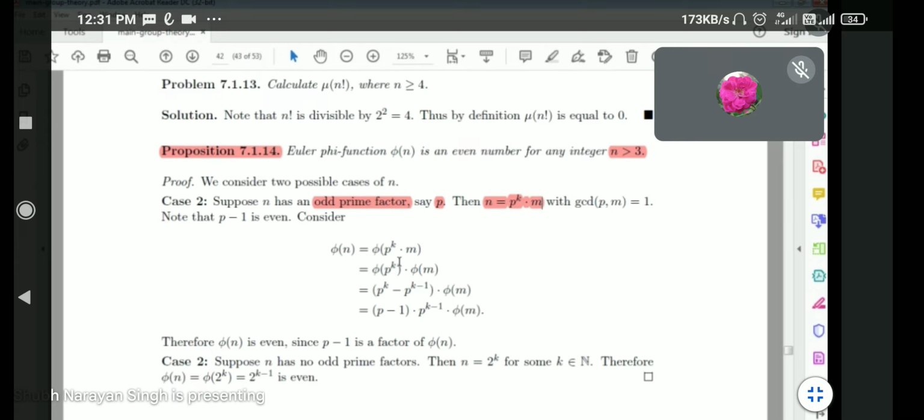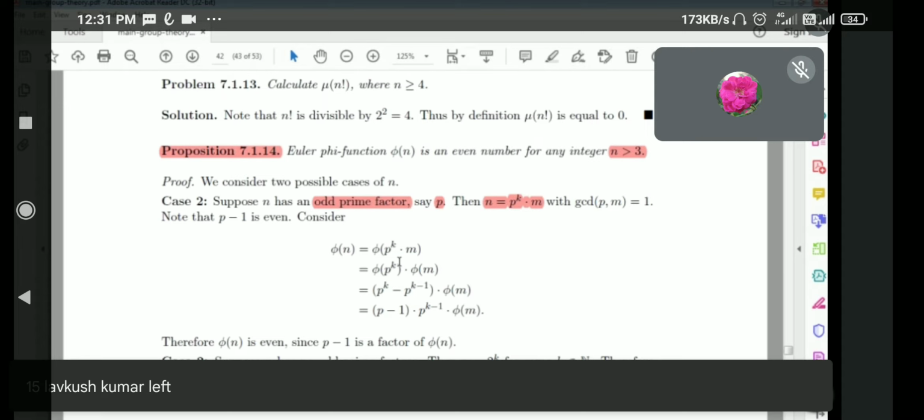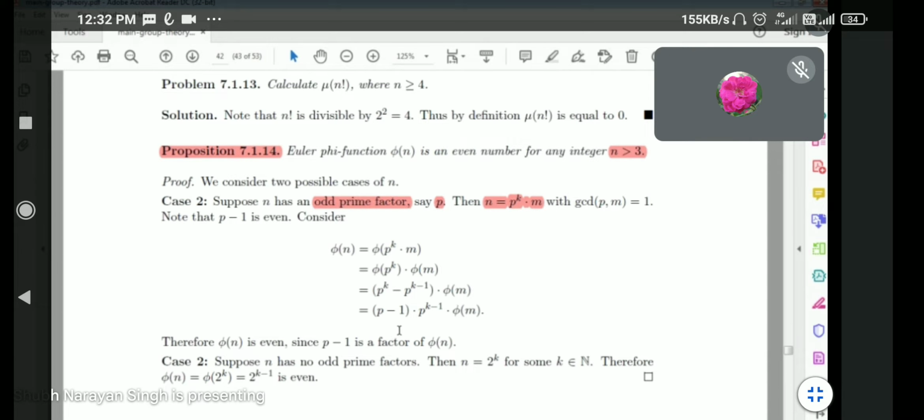So phi of n can be written as the product of these three components. The first component is p minus 1, the second is p power k minus 1, and the third is phi of m. And you know that p minus 1 is an even number. That means phi of n has a factor which is an even number.